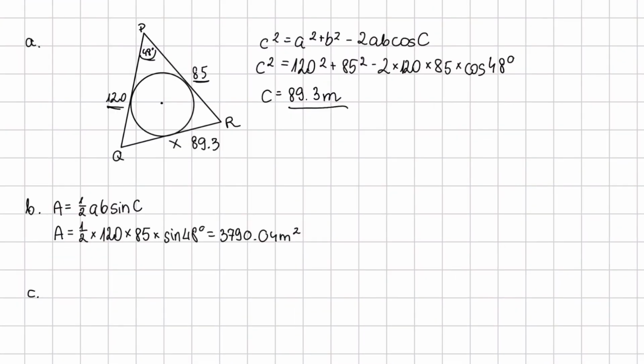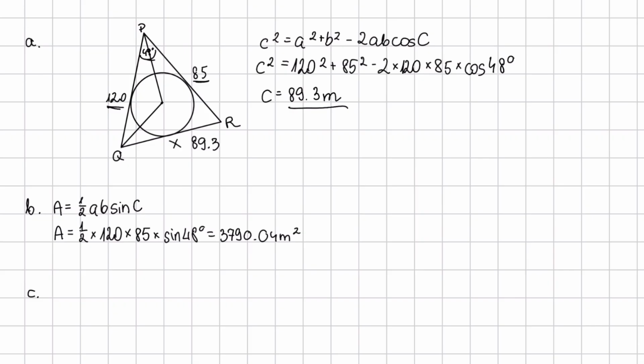C. Find the radius of the inscribed circle. So this part is a little bit difficult, however, we have to solve it anyway. We have to observe that from the center of our circle, we can divide our one triangle into three smaller ones.